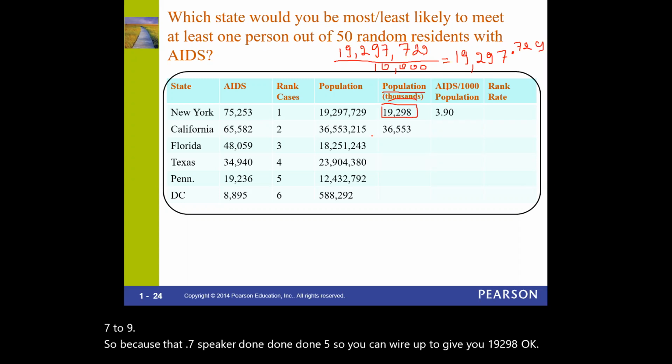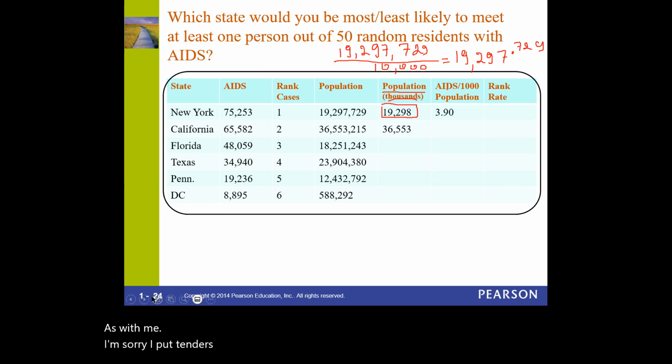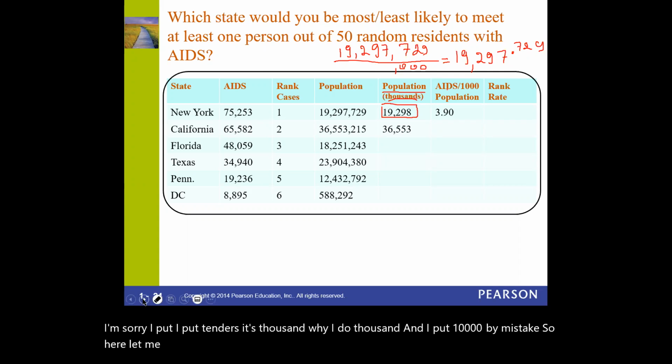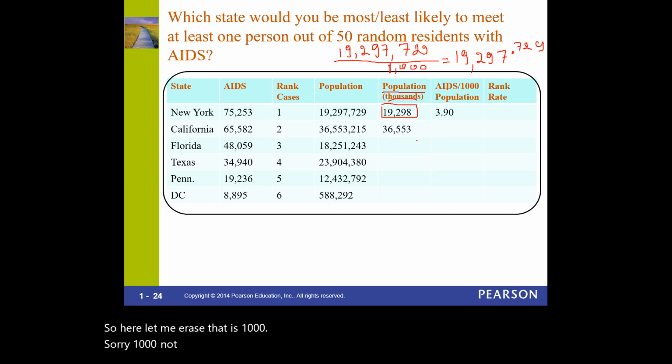You guys with me? I'm sorry, it's 1,000. I put 10,000 by mistake. Let me erase that. It's 1,000, not 10,000. Any question about that?